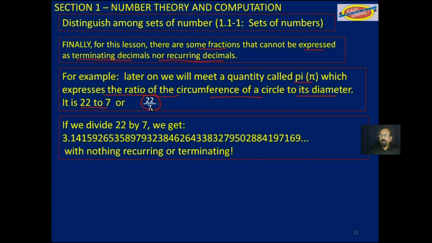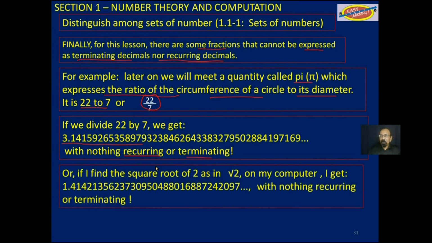Now, if you try dividing 22 by 7 on this computer that I have here, I will get 3.1415926535897 and so on, with nothing recurring or terminating. Or if you find the square root of 2, you will get 1.41421356237 and so on, with nothing recurring or terminating.